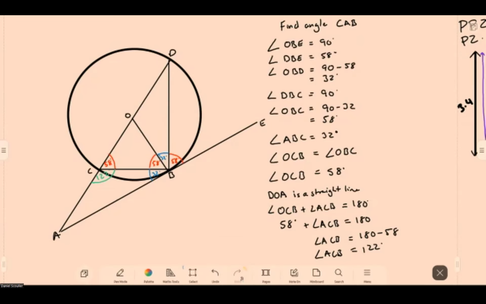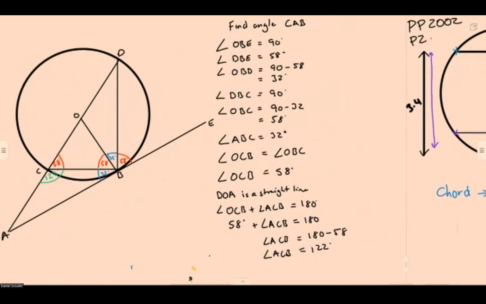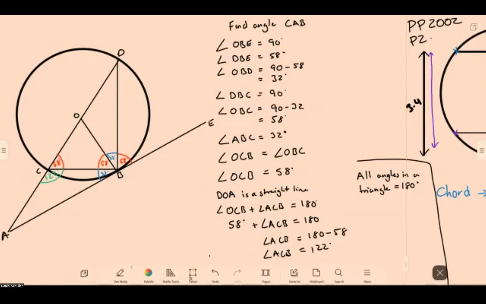The last thing I need to do is say, all the angles of a triangle equal 180 degrees. We've got a triangle there made up of AC, CD, BA.